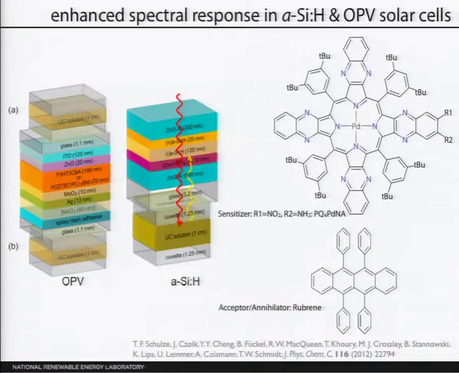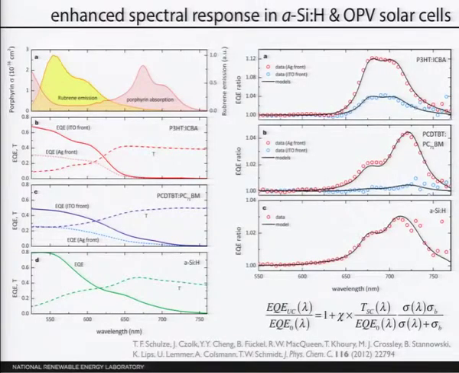They then extended that approach to some transparent organic photovoltaic devices and a modified amorphous silicon device, and used only one of the porphyrin derivatives as a sensitizer. But in all cases, they were able to model the change in the external quantum efficiency by simply taking into account the transmission of the solar cell, the external quantum efficiency in the absence of upconversion, the absorption spectrum of the sensitizer, and then the absorption cross-section at the bias wavelength.